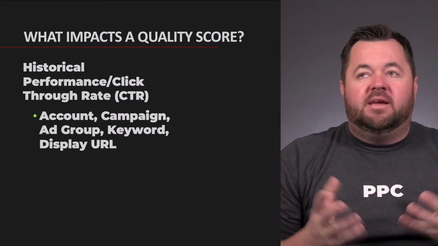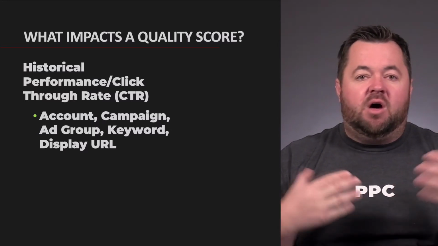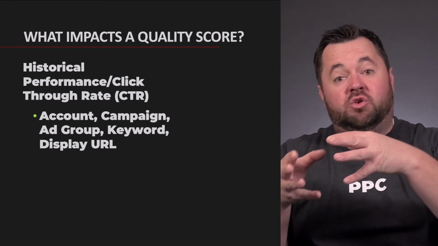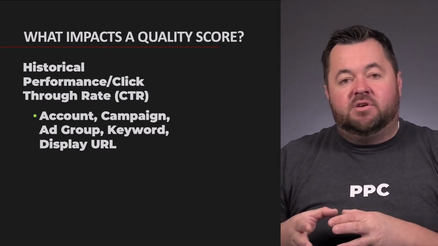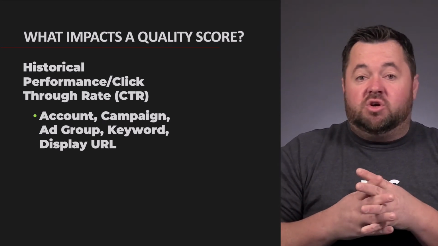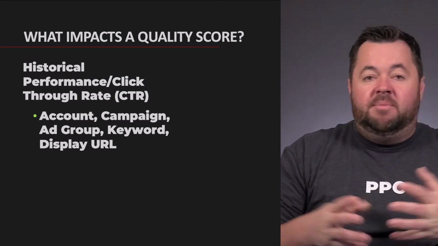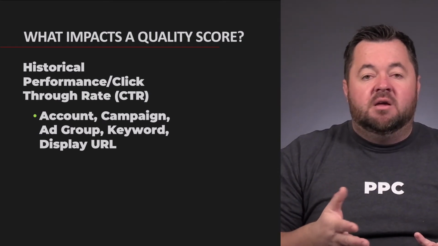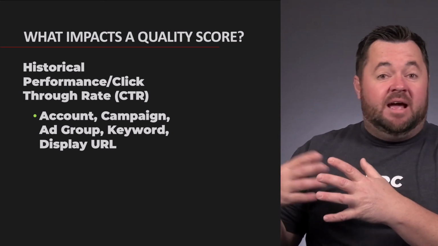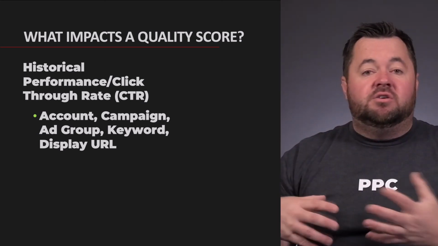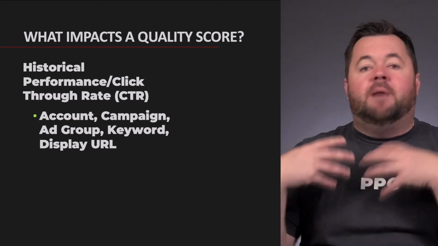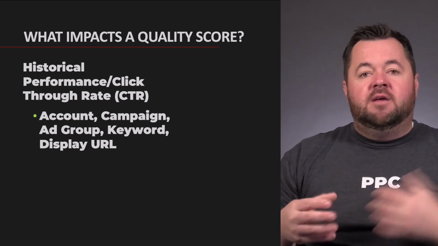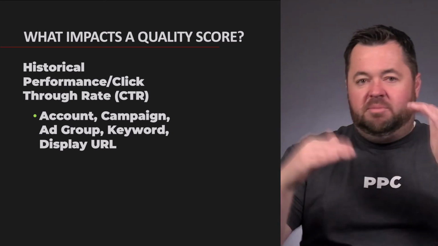Now, why are they so concerned about all those different factors about how long? Well, this is the way that Google gives preferential treatment to their larger, more consistent advertisers. So if you're somebody who's trying to sell maybe clothing, and you just now started advertising for clothing, but somebody like a Target has been advertising for clothing for years and years and literally spent millions, if not billions of dollars advertising with Google for the concept of clothing, you coming along, it really shouldn't be an even playing field.